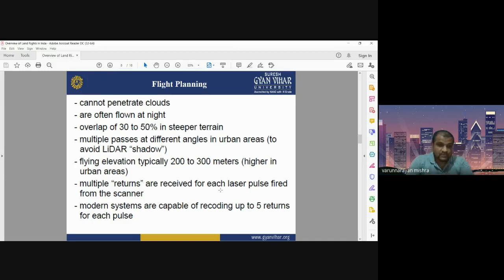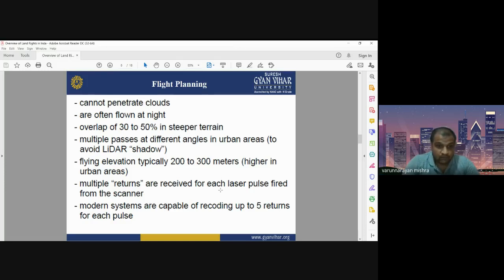So for that we need to scan that area multiple times, that is, multiple passes at different angles. Otherwise it will give you the shadow when there are very tall buildings in case of urban area mapping.